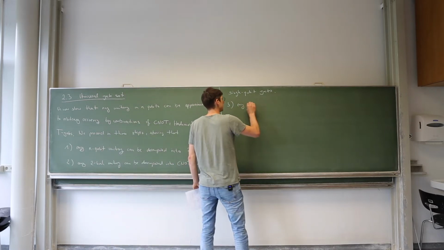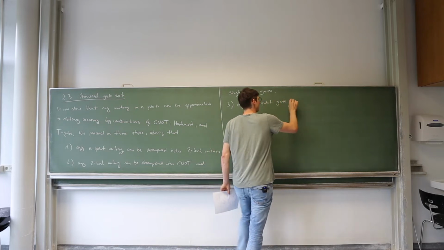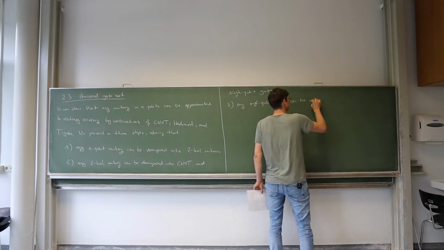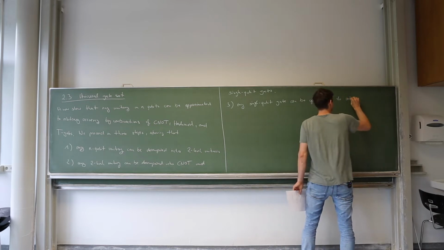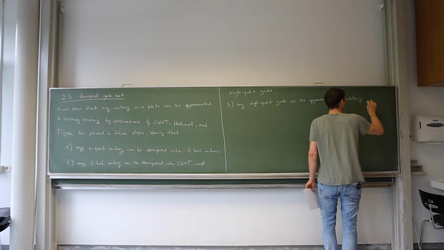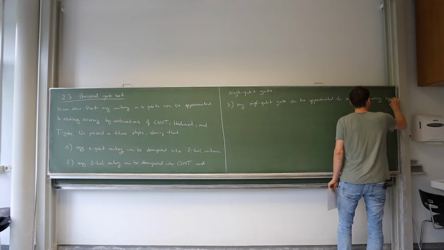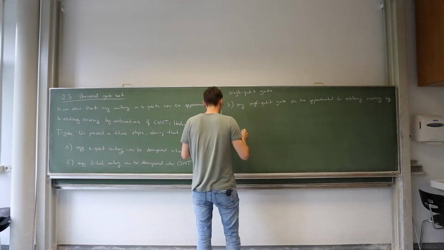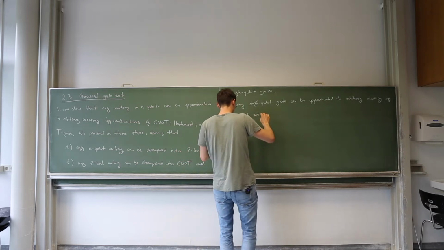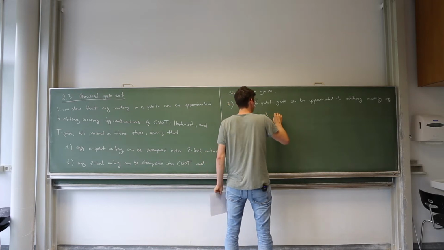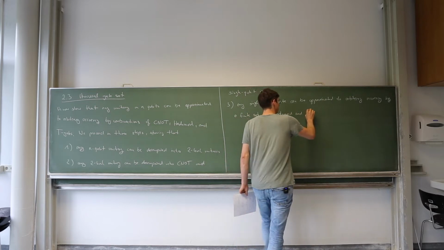So any single qubit gate can be approximated to arbitrary accuracy by a finite set of Hadamard and T gates.